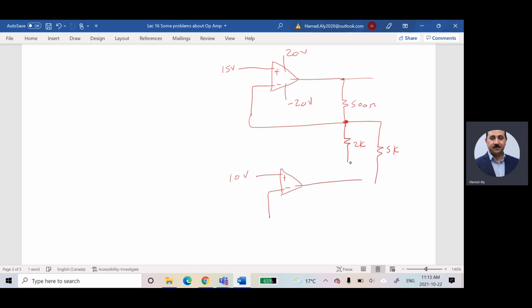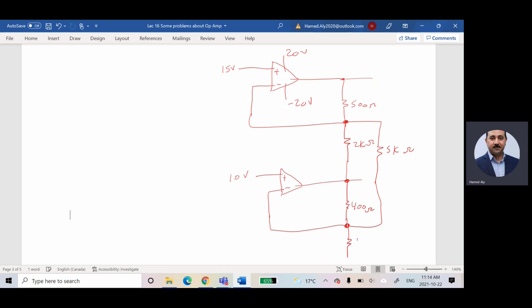And this is connected here. This guy is 400 ohms. And this is connected to this. This guy is connected to this.